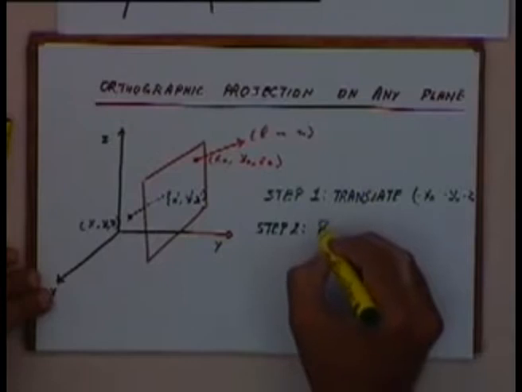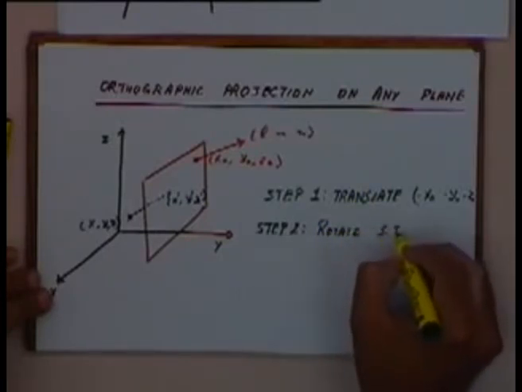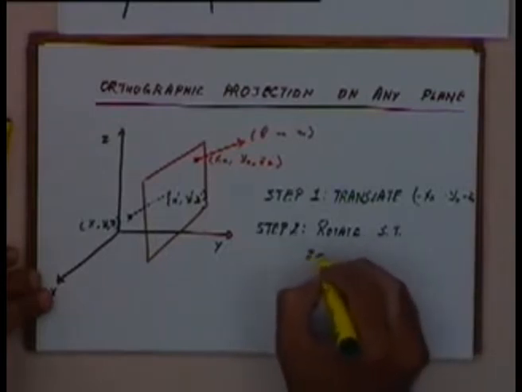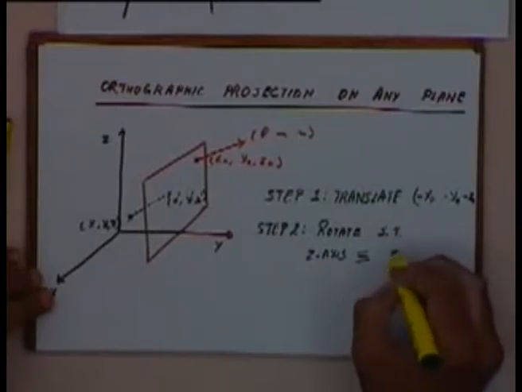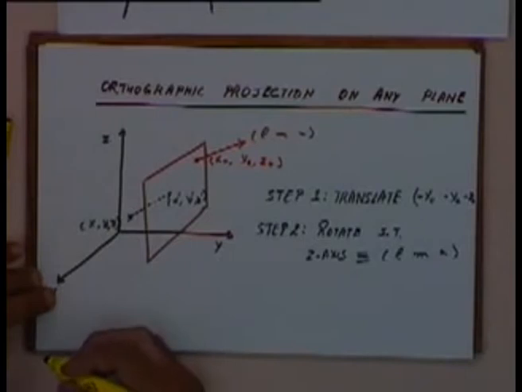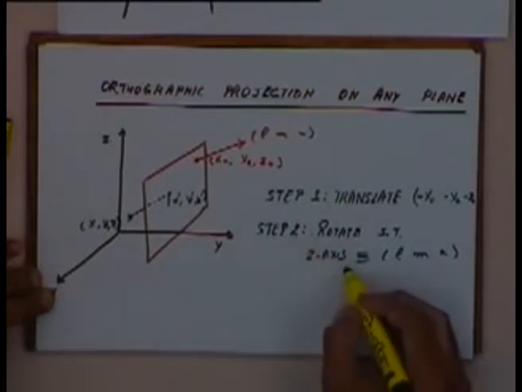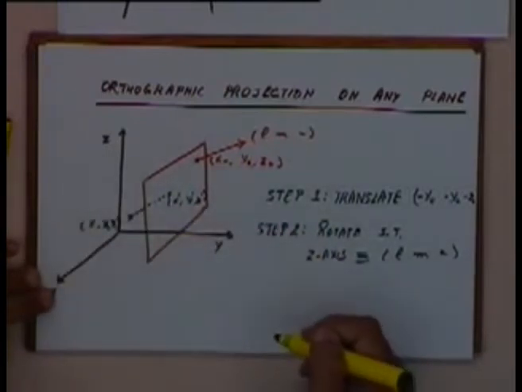So I'll say rotate such that the z axis becomes identical to the direction vector LMN. How is this rotation performed? It will again be a sequence of 2 rotations, the way we just saw in the other example.